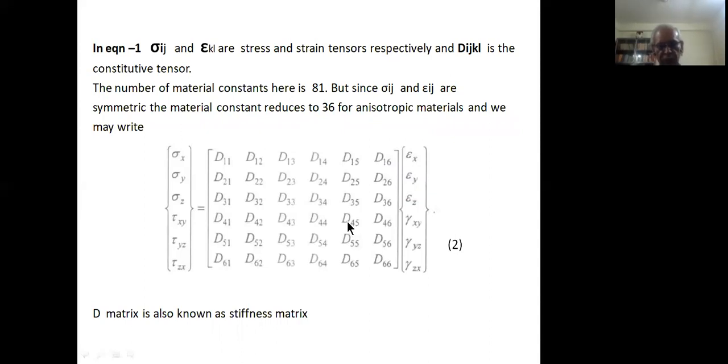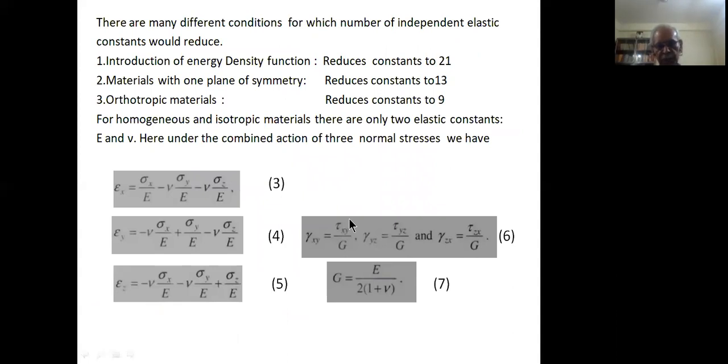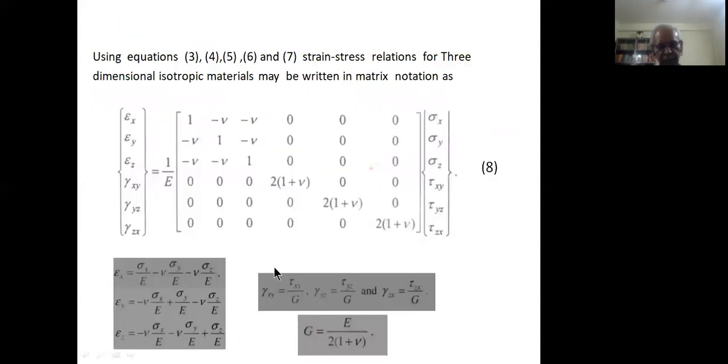Now to find out how D11 to D66 vary, we look at simple relations for homogeneous and isotropic material, equations 3, 4, 5, 6, and 7. They're all known to us. And if we look at them, we can easily find the values of D11 to D66 by comparing the equations with the matrix. And it comes out in a very simple form, equation 8.